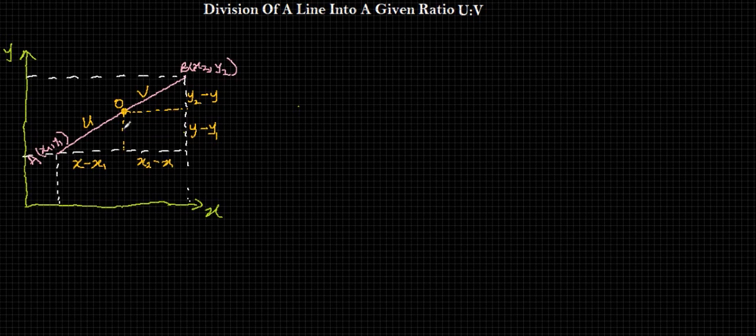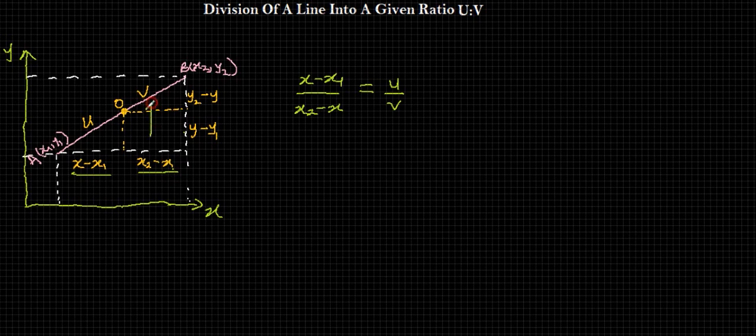So from here now, looking at it with respect to x, we are going to divide this with this. So we are going to have x minus x1 divided by x2 minus x, which will be equal to u over v. Of course, x minus x1 stands for u, and x2 minus x stands for v.